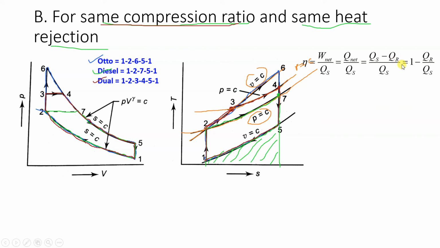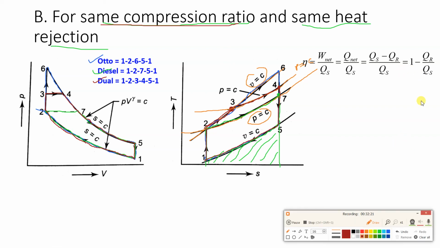So from here we again get the same formula as we saw in the previous slide, 1 minus heat rejected upon heat supplied. Now in this case you should understand that if you reduce this value QR upon QS, then efficiency will be greater, because 1 upon a smaller value will give a larger value. So we need to reduce this QR by QS ratio.